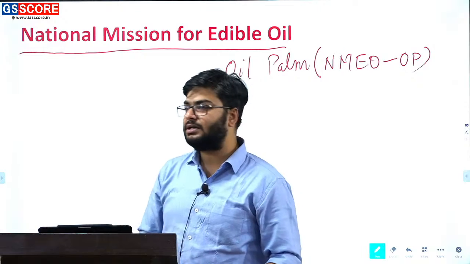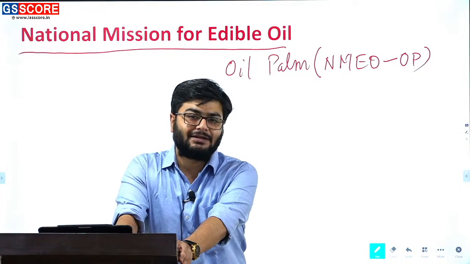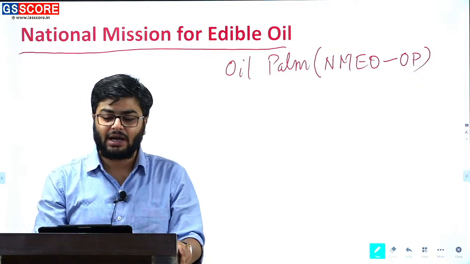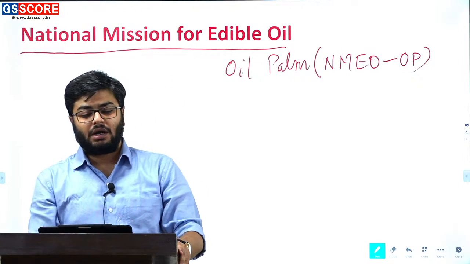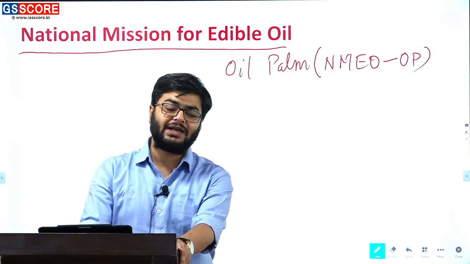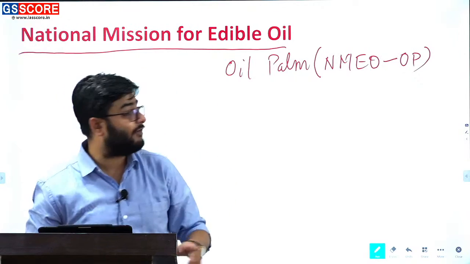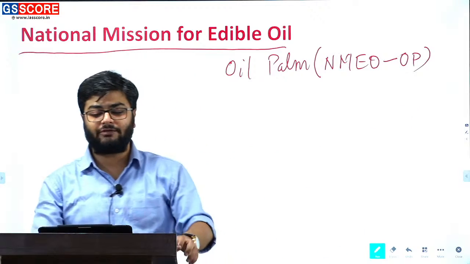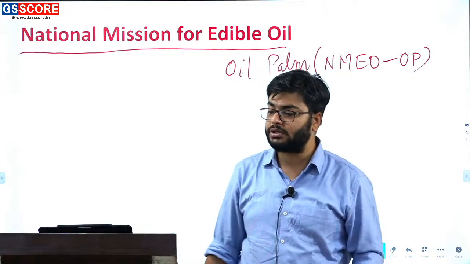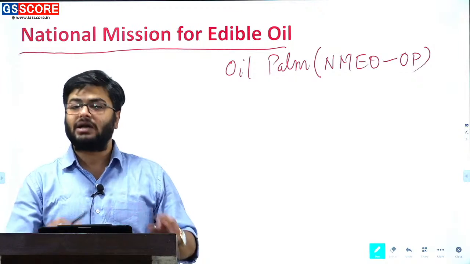So government decided that we need to be self-sufficient or Atmanirbhar in this particular field, and hence you have the National Mission on Edible Oil. And the objective of this initiative is to enhance oil production, particularly from oil palm, and reduce India's import dependency for edible oil.